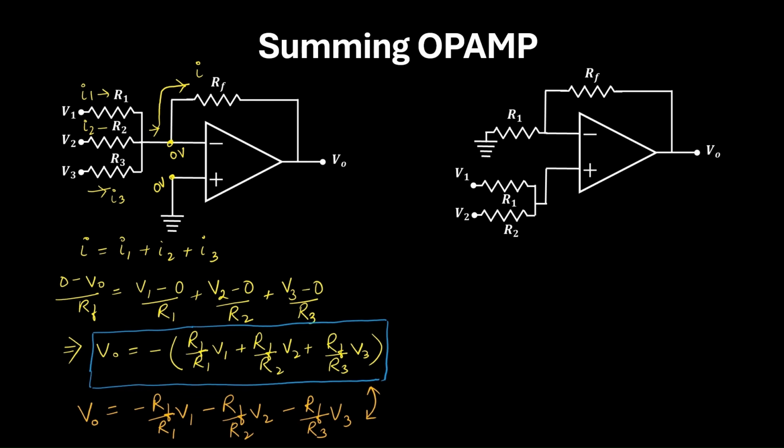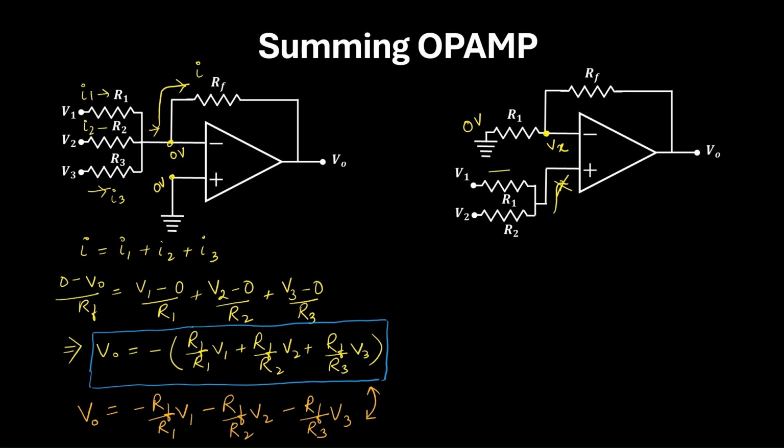Now, coming back to the second circuit. Here the inputs are applied at the non-inverting terminal, but there is a negative feedback here. So for this, the voltage here will be 0 volt, and let us call the voltage here as Vx. And now we know that the input impedance of op-amp is high, so no current can go into the op-amp.